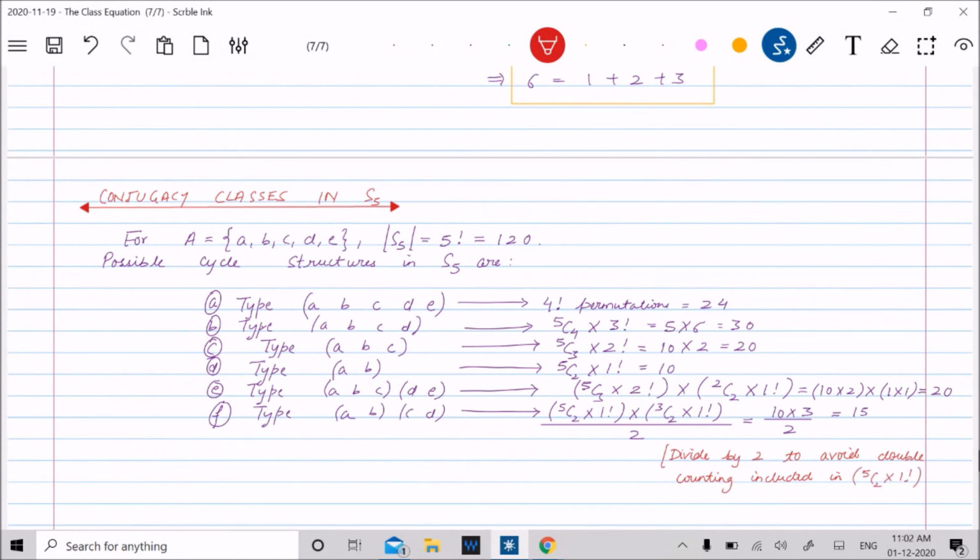So I have just written everything here. Why is this over counting or double counting?